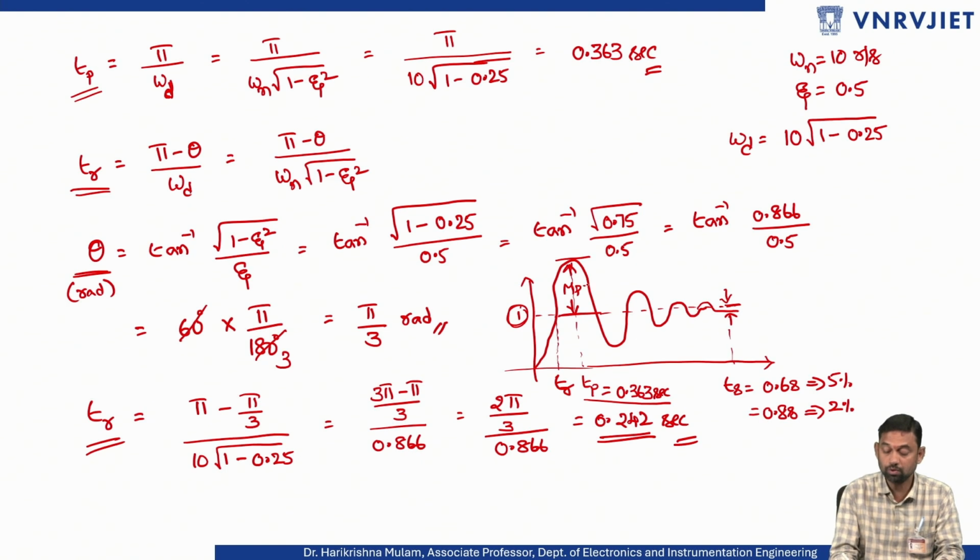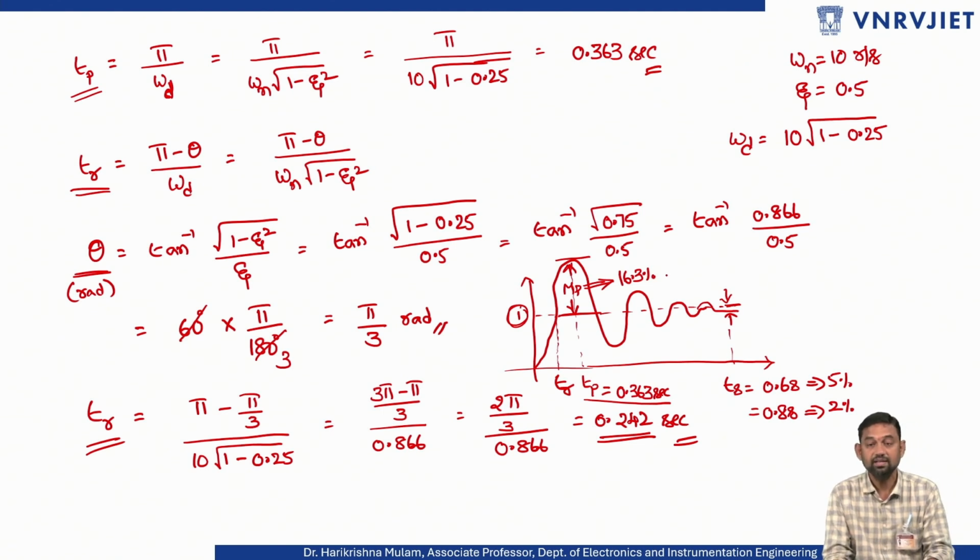This overshoot percentage in this system is 16.3%. Like that you can find the time domain specifications of the system once you get zeta and omega n values. To get zeta and omega n values, first of all, you need to find the transfer function of the system. Thank you.